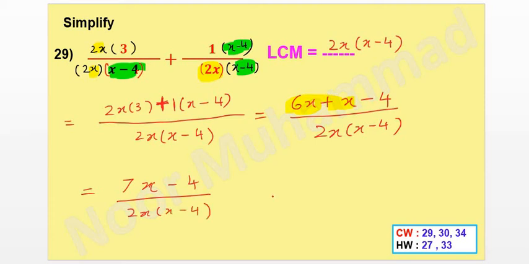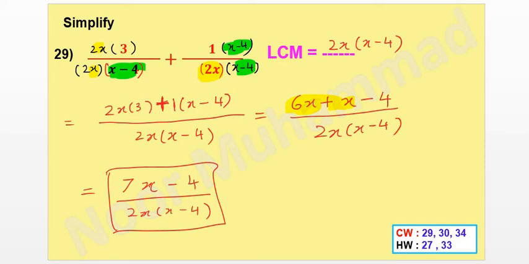So this is the final answer. Just keep it in your mind that in the denominators we do not multiply these two together, we just leave them like this. So that's why this is the final answer for question number 29.